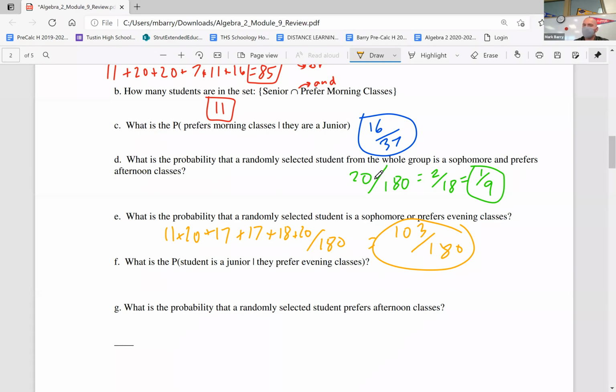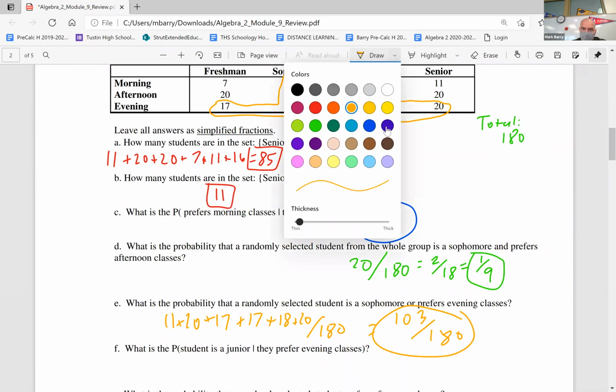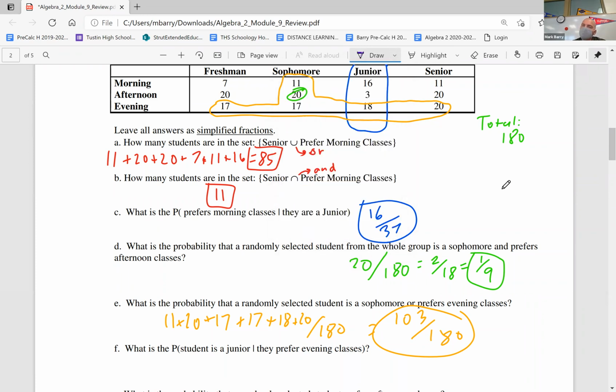All right, why don't you go on to part F? What's the probability that the student's a junior given that they prefer evening classes? All right, so if we're just looking at the people that prefer evening classes, it's all of these people right there, just the bottom row.